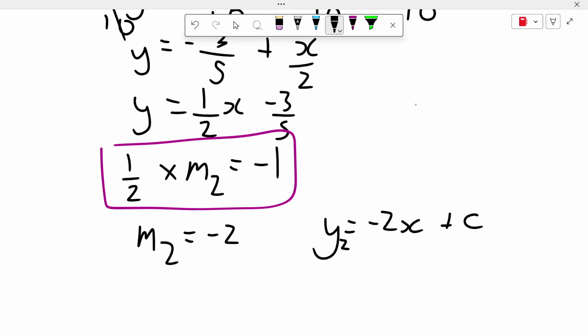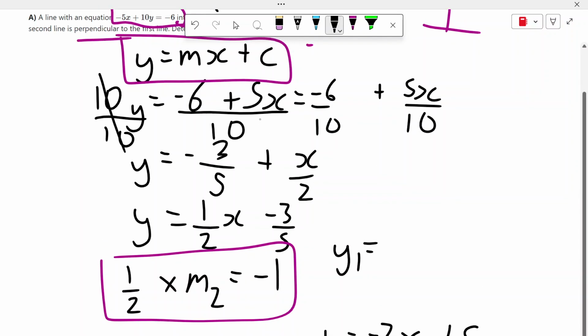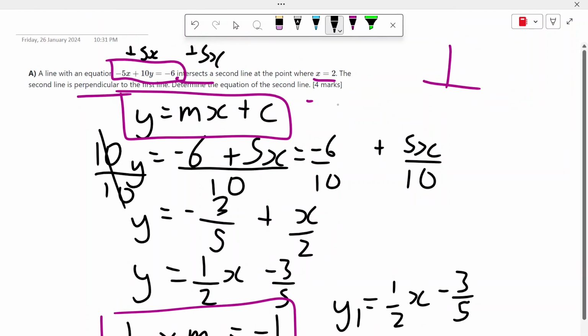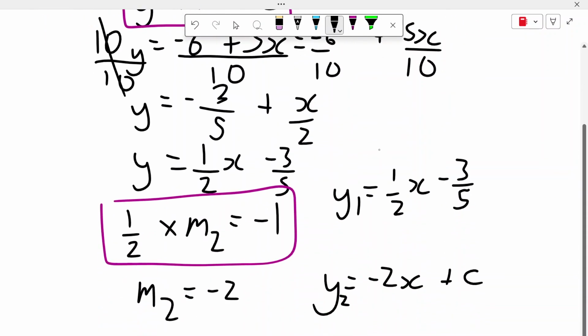So we do know something. We do know that the intersection point between y1 being 1/2 x minus 3 divided by 5 happens at x is equal to 2. So if we plug x is equal to 2 into this, we can solve for y, and they intersect, which means that y1 is equal to y2.